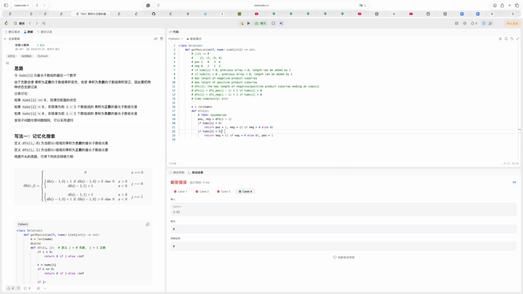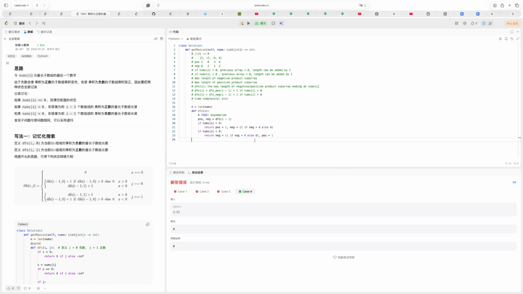And when the current value is negative, smaller than 0, look at its positive length. We can say it will not be at least 1 because the current value is smaller than 0. So if the previous subarray doesn't have negatives, then we cannot form a positive subarray by adding the current value.